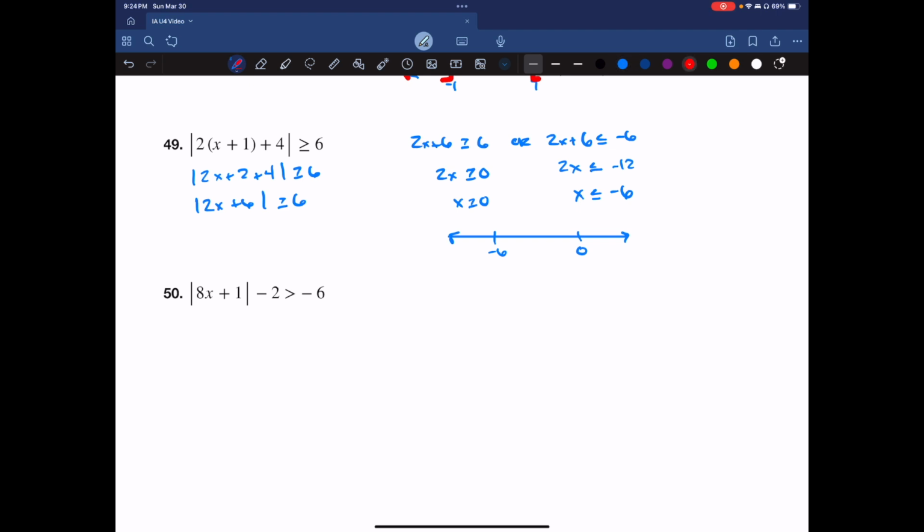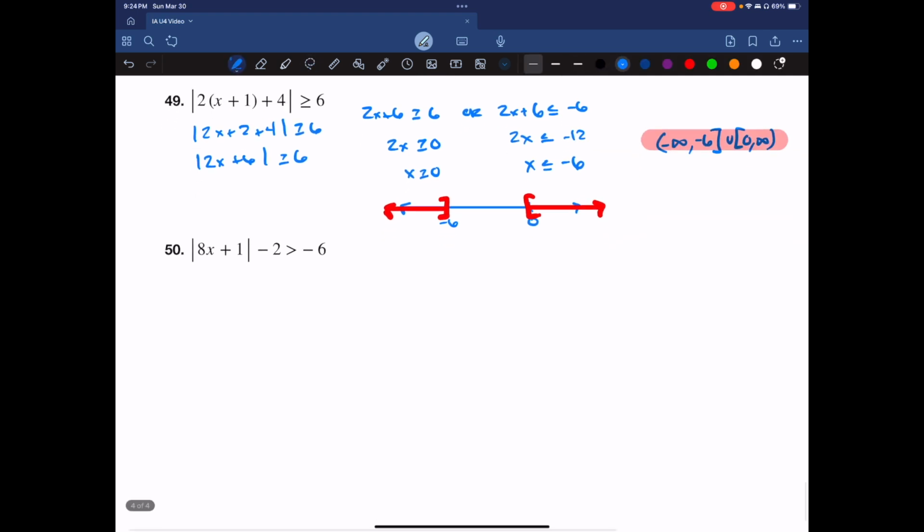So it's going to be brackets on both sides, shade to the left, shade to the right. Okay, so that's going to be -infinity comma -6, bracket, union, bracket 0 to infinity, parentheses. Here you go.